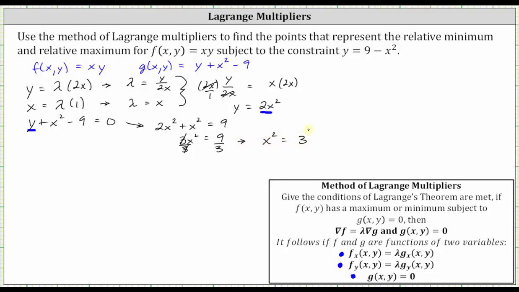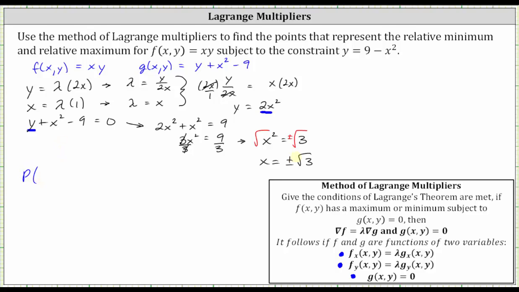And now we take the square root of both sides of the equation, and we are going to have two solutions, a positive and negative solution. We have x equals plus or minus the square root of 3. Now that we know the values of x, we can determine lambda, since lambda is equal to x, as well as y. And we are going to have 2 points. Let's go ahead and start writing these out.